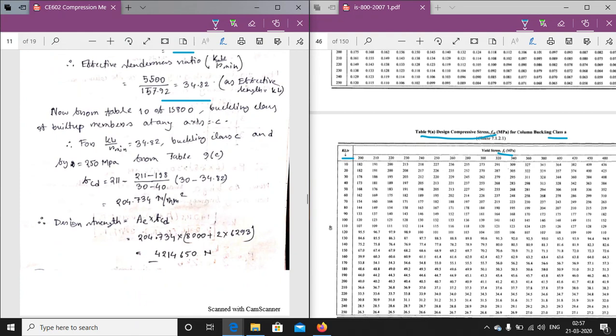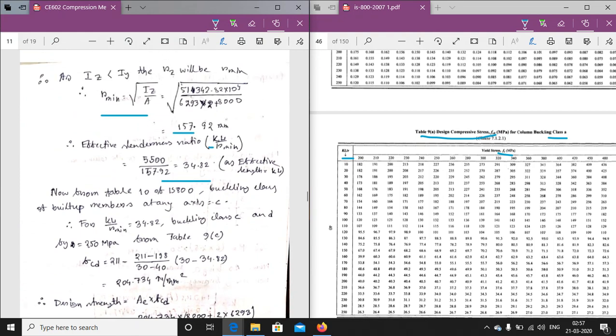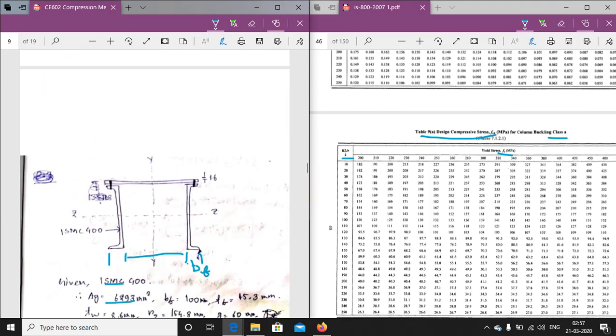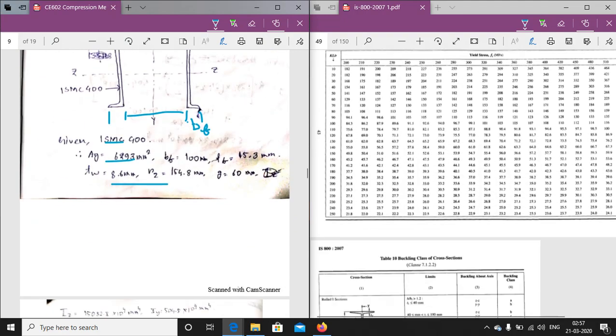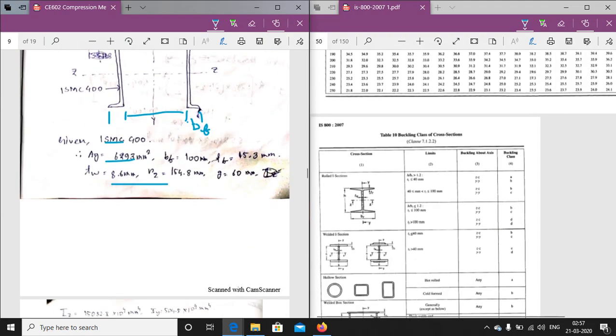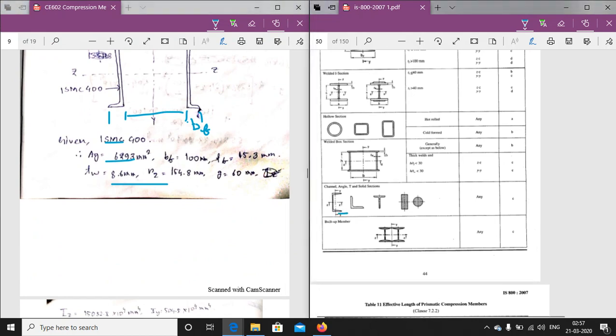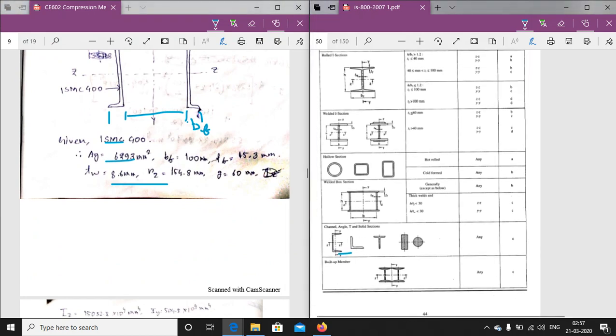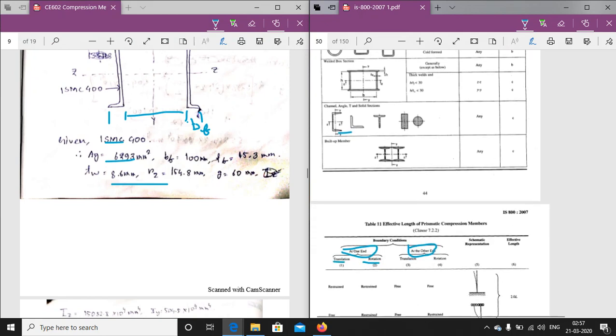Now we have to determine the fcd. Now we know the value of KL by r, we know the value of fy. So for the buckling class, now the buckling class we have to determine. Now as it is a channel section, from table 10, for any channel section or built up member, this is the built up member, so for that it is the C section.